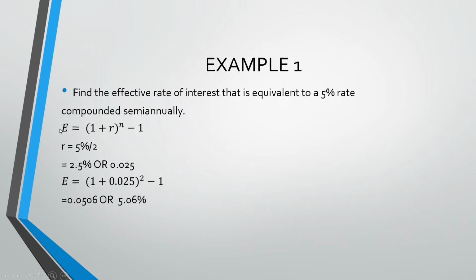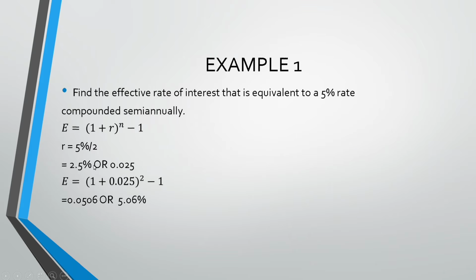The formula is effective rate is equal to quantity 1 plus r raised to n minus 1, and we have our r as 5% divided by 2 since semi-annually, right? So 5% divided by 2, we have 2.5% or 0.025 in decimal form.